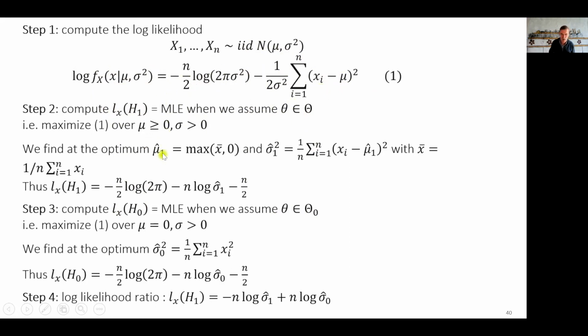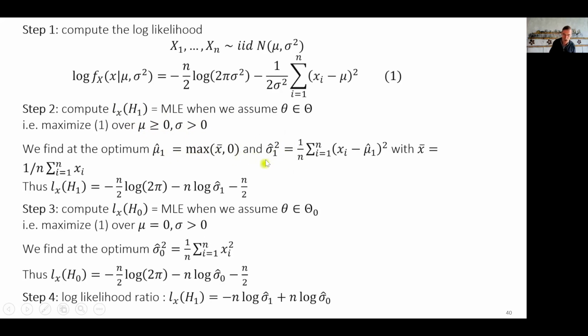Under H0, we find that the maximum depends on whether x bar is positive or not, because we impose the restriction that mu is 0. With elementary means, first by setting sigma, for example, we find that the optimum mu1 is the mean if the mean is positive, and if the mean is negative, the optimum mu1 is 0.